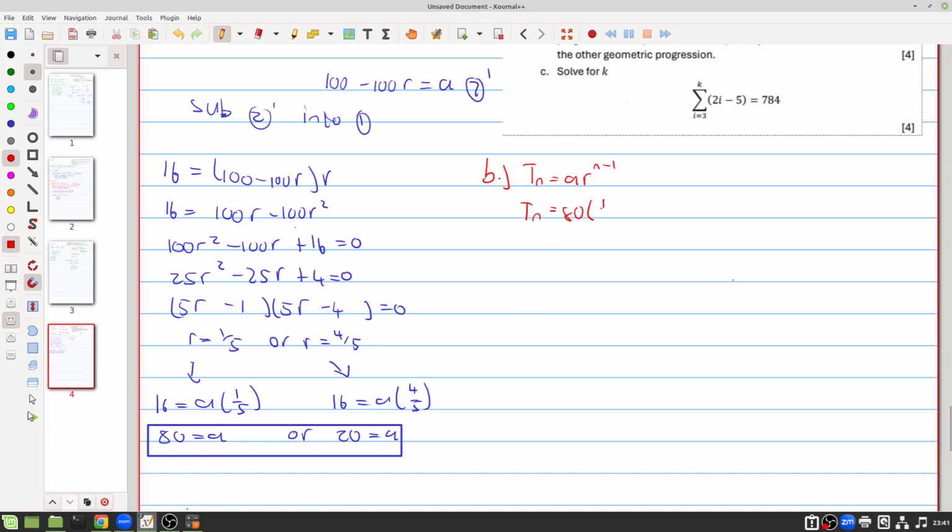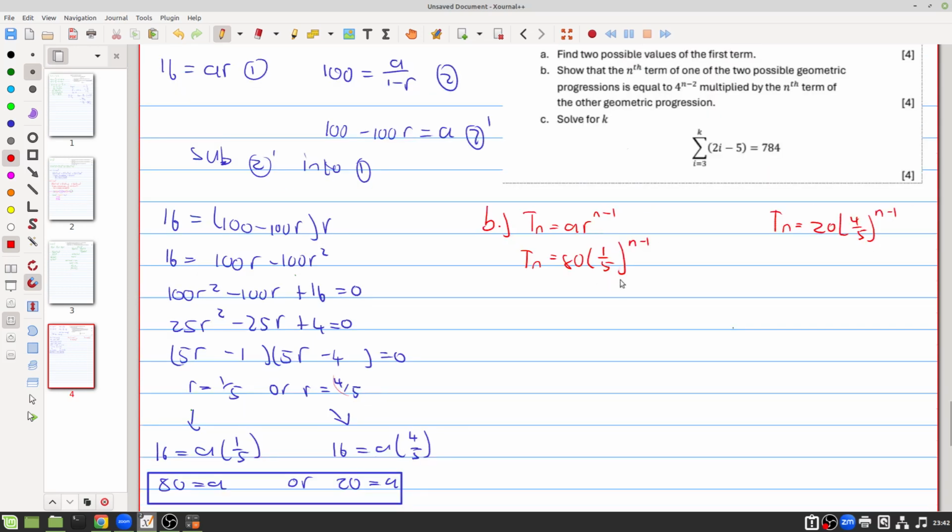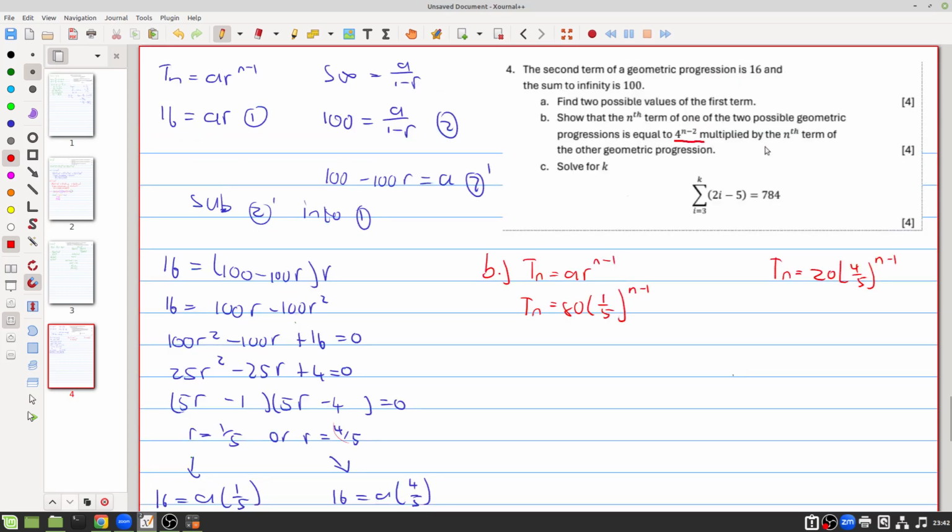So 80 times 1 over 5 to the power n minus 1. And the other option is Tn equals A, which is 20 in this case. And in this case, if A is 20, then R is 4 over 5. So 20 times 4 over 5 to the power n minus 1. Perfect. Now we have the two equations. Now we want to show that one of them is equal to 4 to the n minus 2 times the other one.